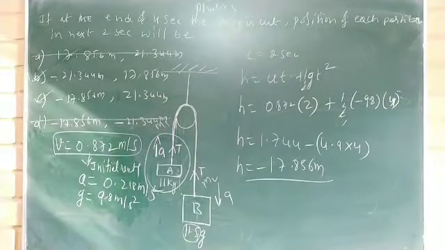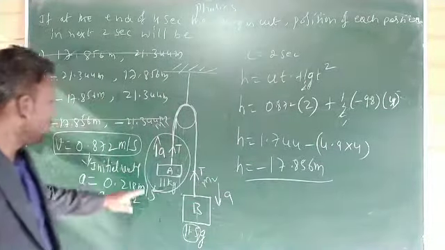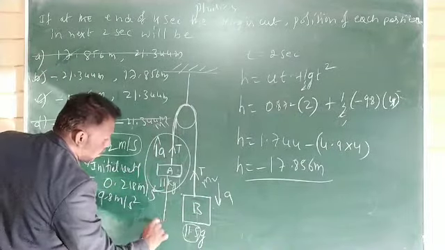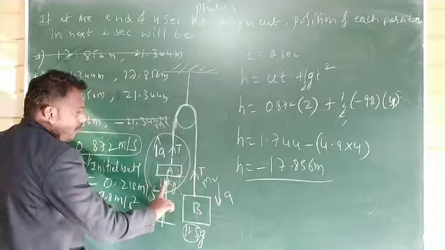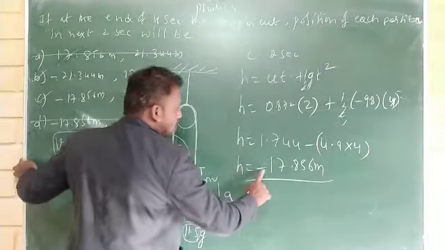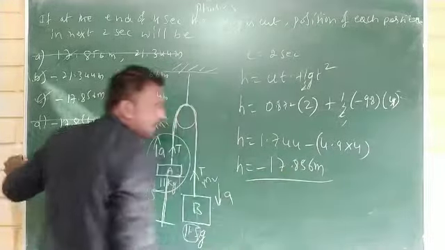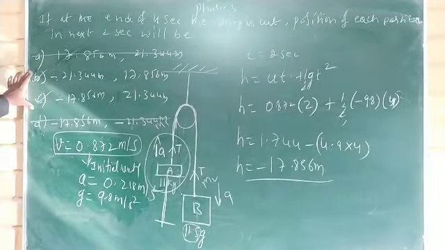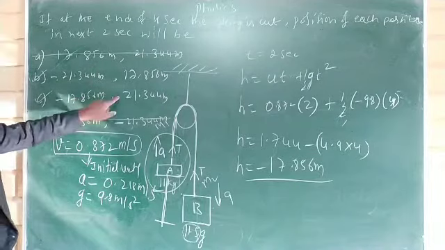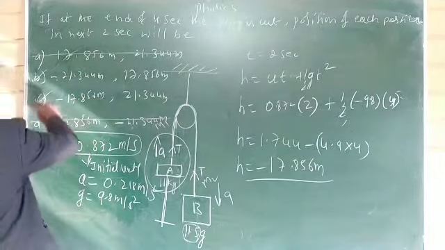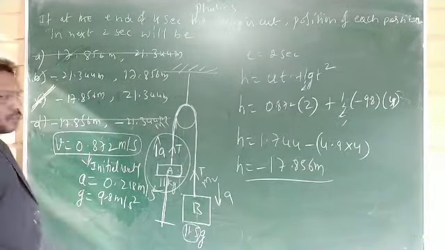This is the height of the body after 2 seconds. When the string is cut, the position of the body is h equal to minus 17.856 meter. Therefore, from these two options, minus 17.856 meter and the other absolutely positive, option C is correct for this question.